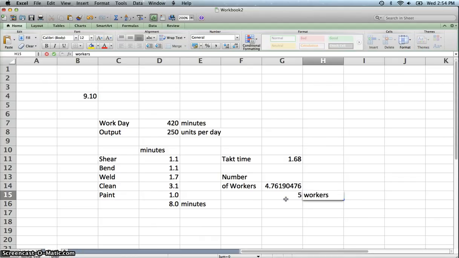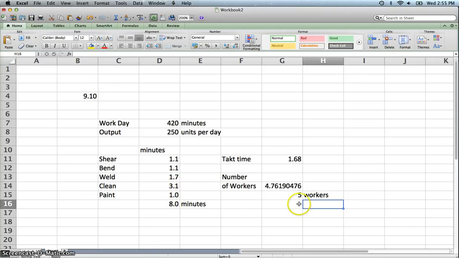Now think about this in regards to the actual process. One worker could be assigned to shearing, another worker to bending, another worker to welding. We would be a little bit over, but we might be able to save a little bit of time, 0.02 of a minute. Cleaning is going to be our problematic one. Painting actually will have a fair amount if we assign one worker.